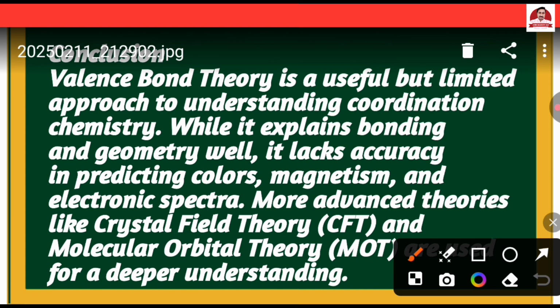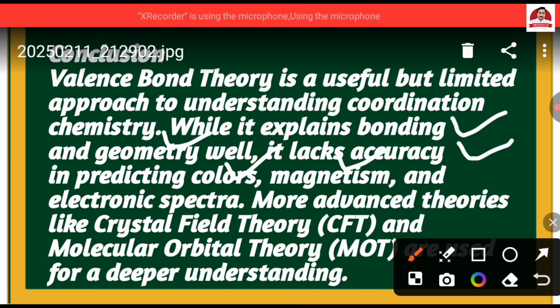While it explains bonding and geometry well, it lacks accuracy in predicting the color, magnetism, and electronic spectra, which are explained by MOT or crystal field theory. More advanced theories, that is the crystal field theory CFT and MOT, that is molecular orbital theory, are needed for deeper understanding.